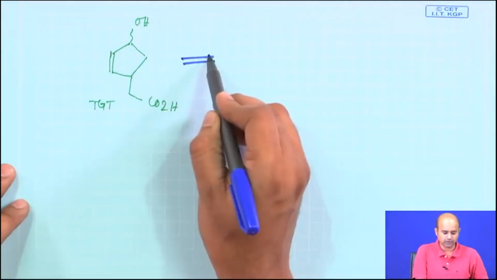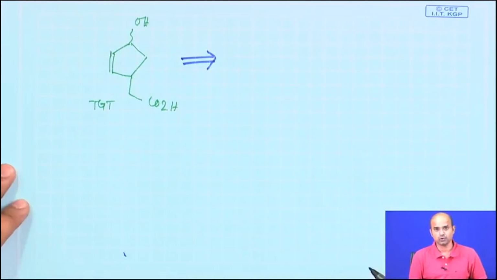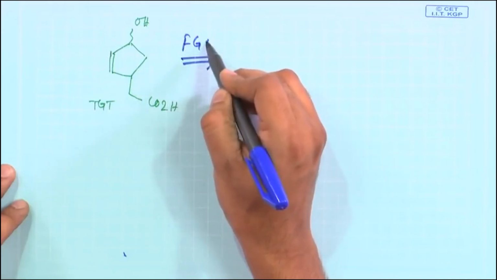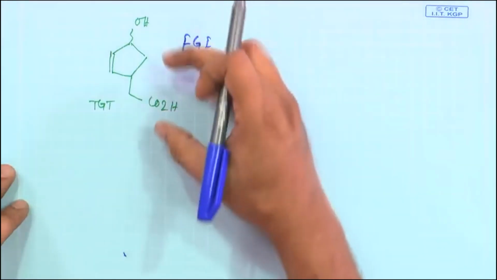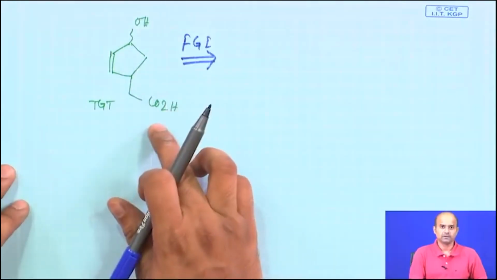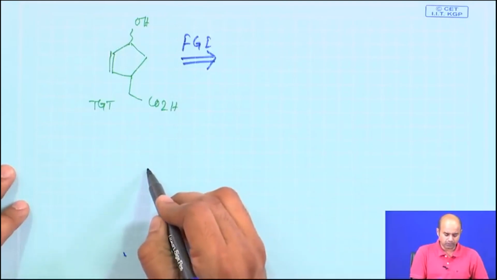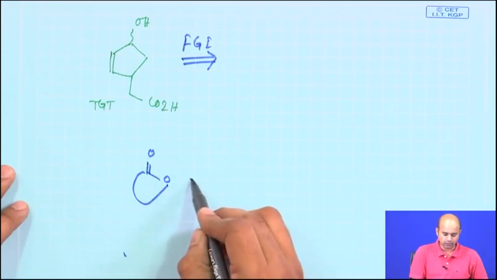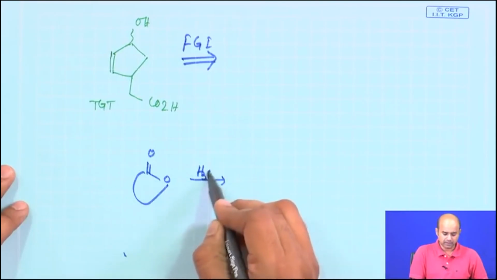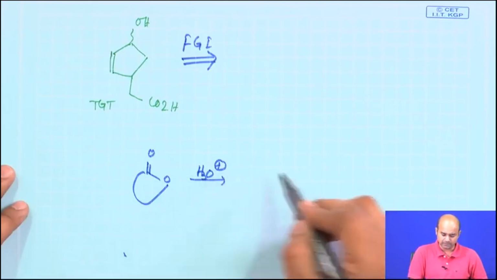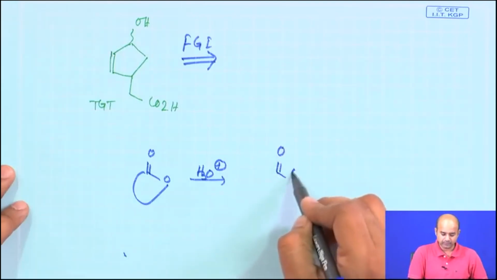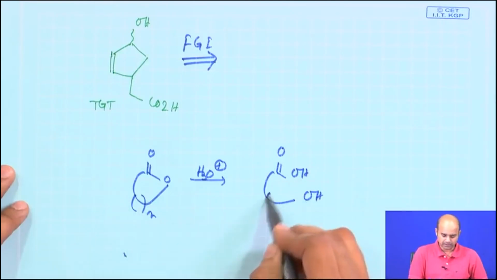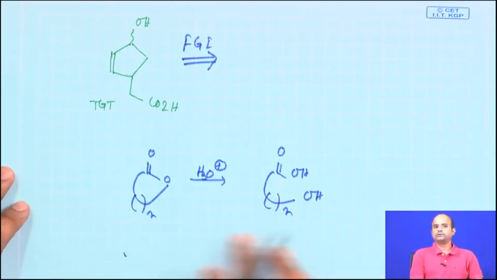Retrosynthesis, as I said, is based on the transformation, the functional group, as well as the starting material together. So, you will try doing FGI. Now, this is a hydroxy and this is an acid. So, which compound after hydrolysis gives a hydroxy acid? My answer is lactones. If you hydrolyze a lactone in aqueous acidic or basic medium, you will get a hydroxy acid compound, no matter what the chain length is.